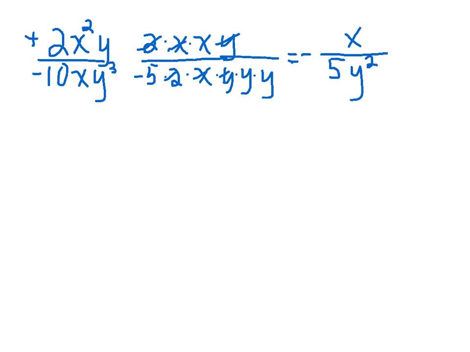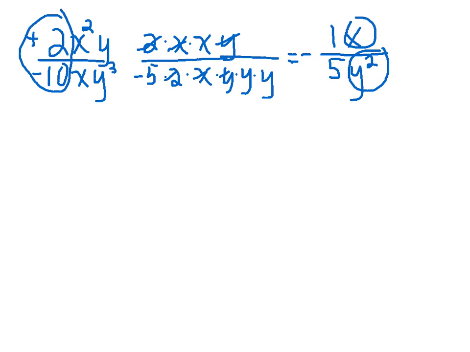Exactly what happened here? We did sort of divide the coefficients, but really what we did was reduce the fraction. 2/10 became 1/5. And we subtracted the exponents, but notice that the x's landed on top and the y's landed on the bottom.